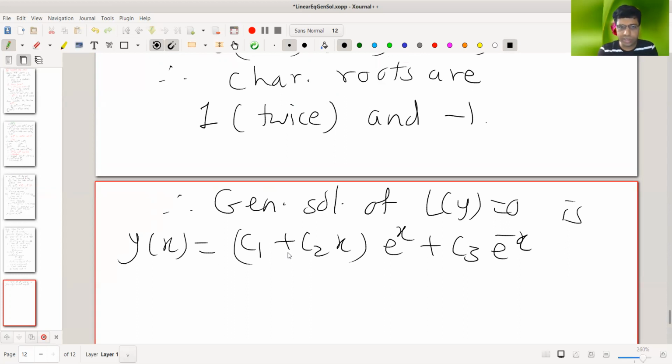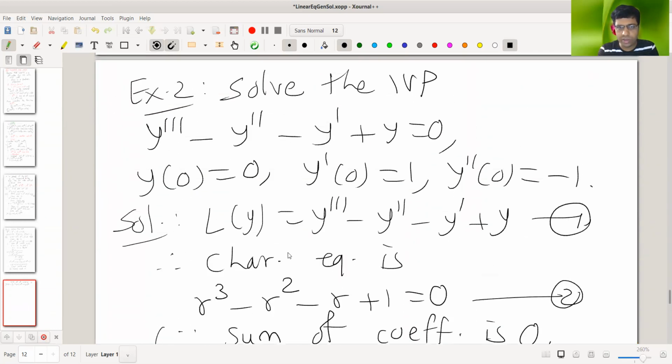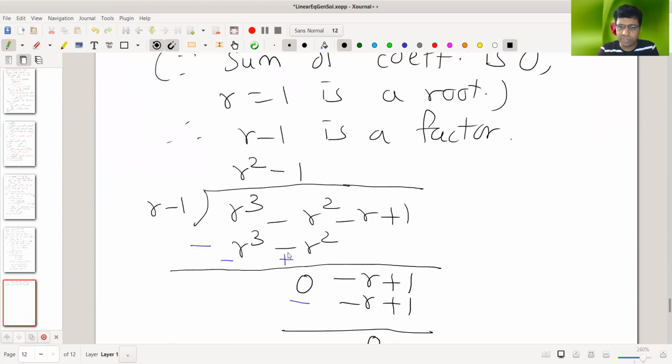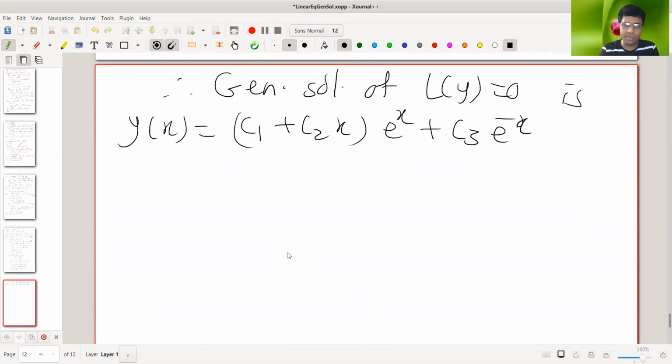Our initial conditions are given in terms of y, y dash and y double dash. So we need to differentiate this solution y two times. Therefore y dash is c1 plus c2x into differentiation of e raised to x, it is same as e raised to x, then e raised to x into differentiation of this, it is c2.